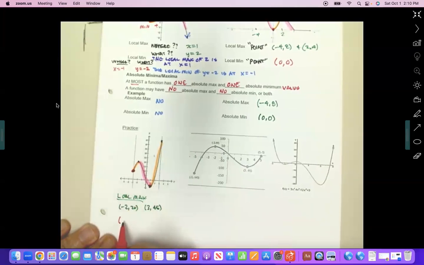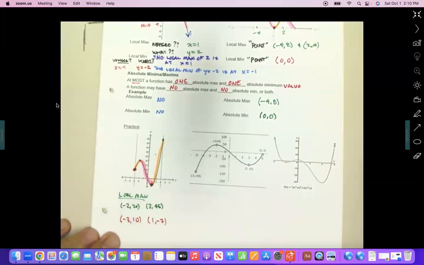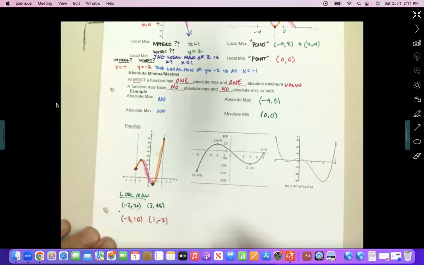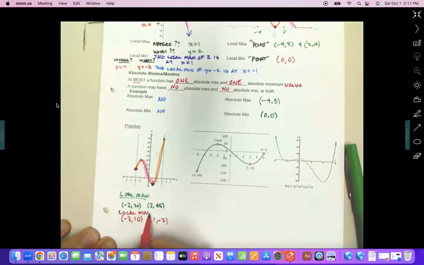The first one is at -3, 10. And the second one is at 1, -7. So these are both our local max, and this one, I'll write that down as a local minimum. Two local max, two local mins.